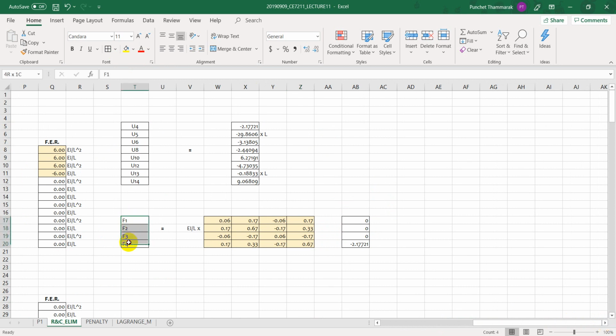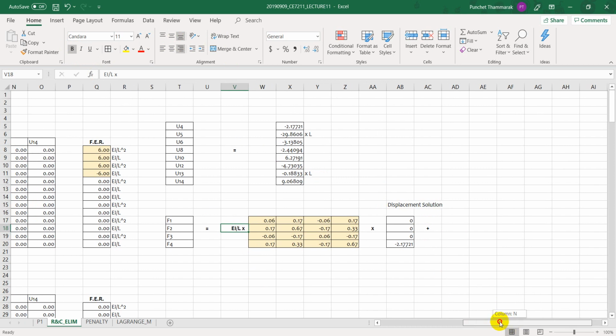You can find F1, F2, F3, F4 equal to the stiffness part multiplied by the known displacement solution we obtained before. And then what else constitutes this equation? Fixed end reactions, right? So add it in. If you have temperature effects, creep, shrinkage, that's going to be in here.